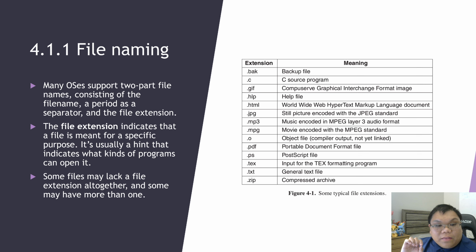Some files lack a file extension altogether. When you compile a program on a Unix machine using, say, GCC or G++, you're going to create an executable that lacks a file extension. On a Unix machine, that is an executable file. On a Windows machine, you can tell what an executable file is by seeing whether the file extension is .exe.